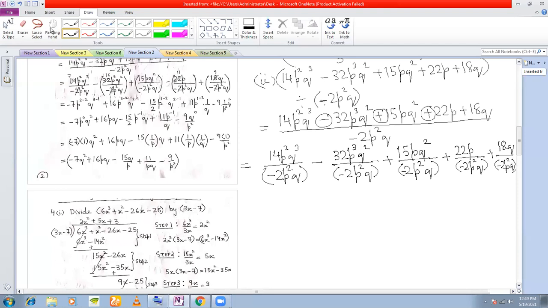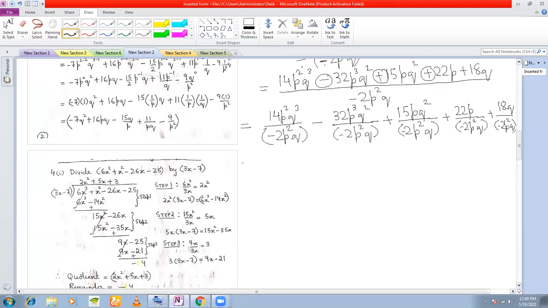Okay. Now we separate the coefficients and the variables. So first you have 14 by minus 2. The p's that are there, you have a p² and a p², so they cancel out. Nothing doing here. Here you have q³ and here you have a q. That's it. Minus, now you have 32 divided by minus 2.